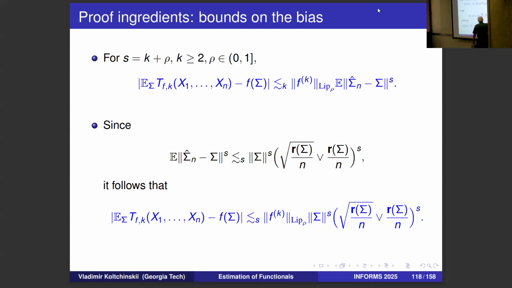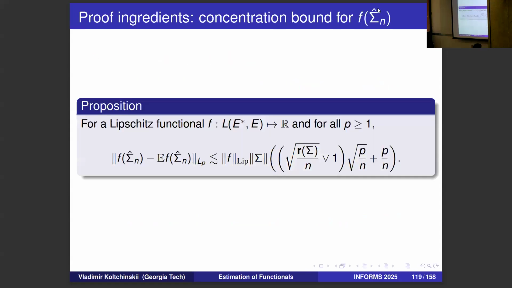I should put here Nj and put the maximum over Nj from j equal 1 to k. But still you are using this bound, and whether you are using it with Nj or with n, you will get the same thing as a result. So that's a typo. Then we end up with this bound if we combine it with the bound on the expectation of the operator norm. So that's how the bias is handled in these problems.